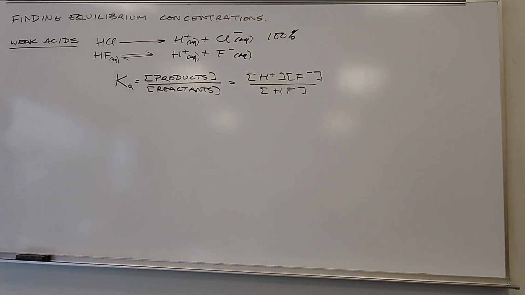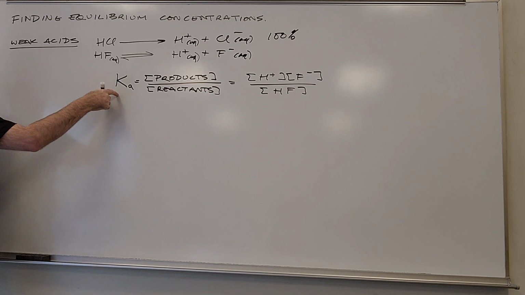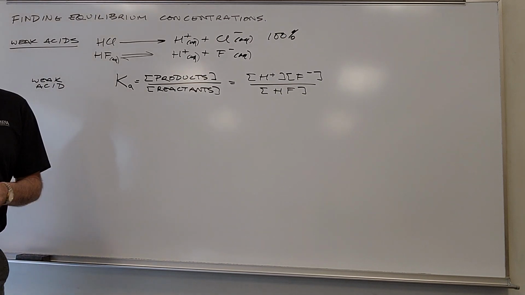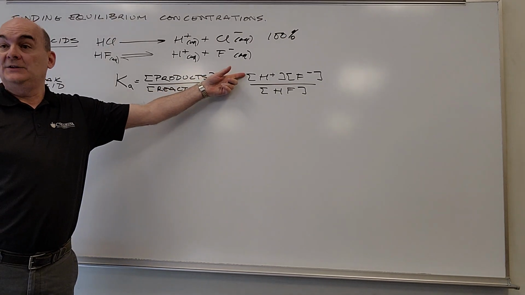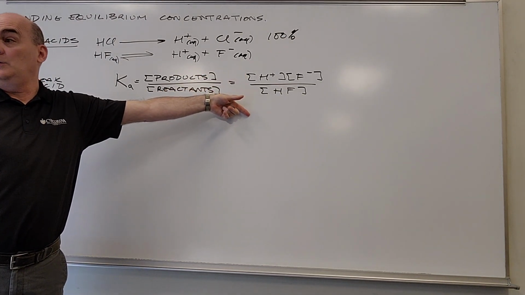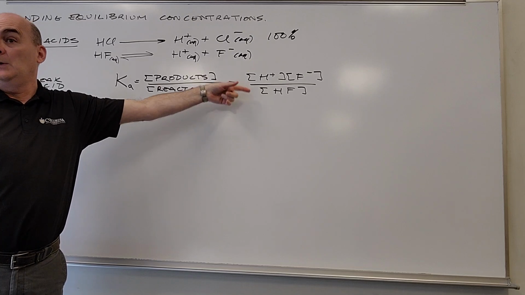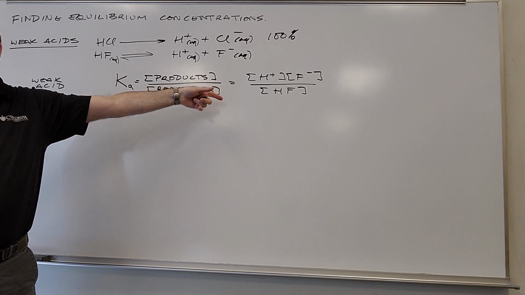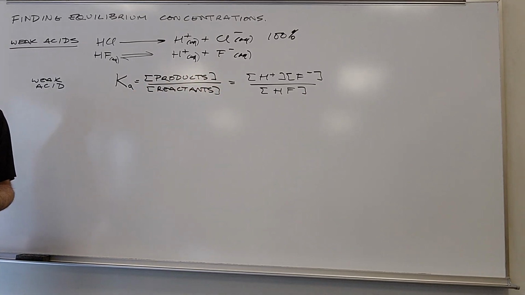All right? And they have values. There's only a value of Ka if it's a weak acid. If it's a strong acid, then it's all products divided by no reactants. And when you take a number and you divide it by 0, you get infinity or a number close to it.